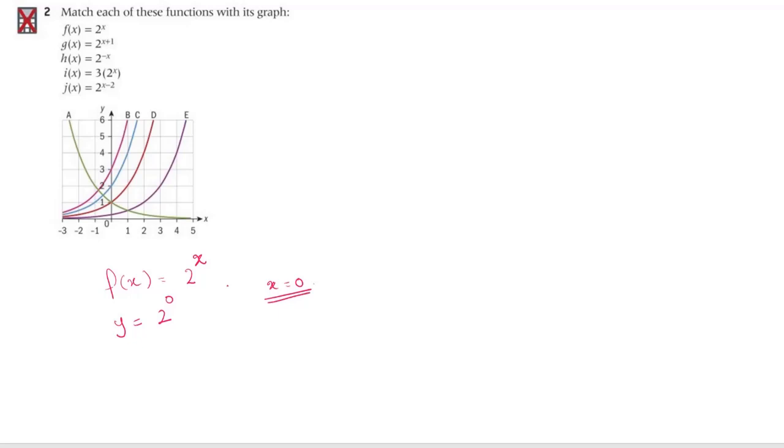The x would be equal to 0 at the y-intercept. Fine? So 2 to the power 0 means 1. So let's check where it is.